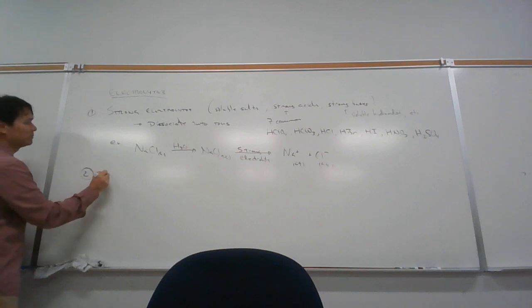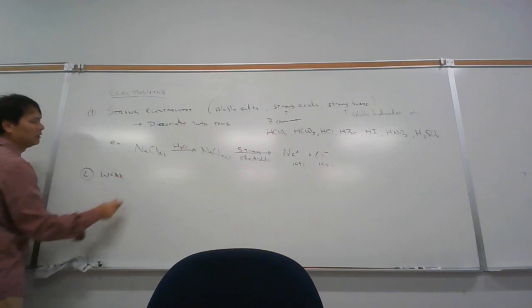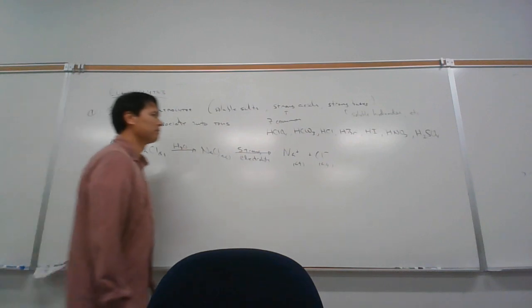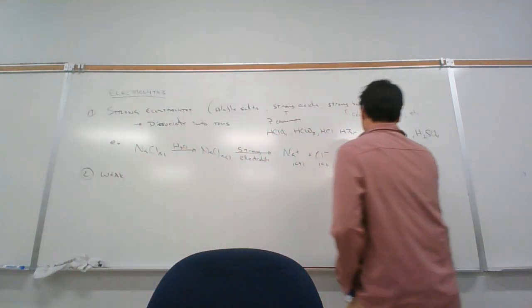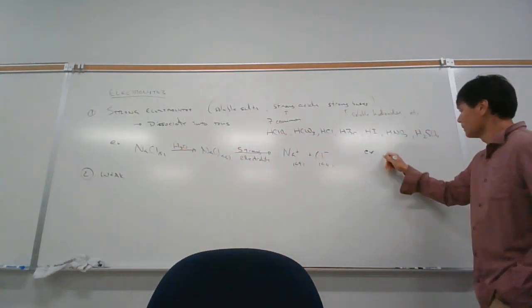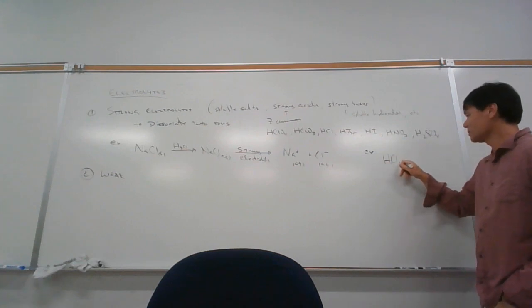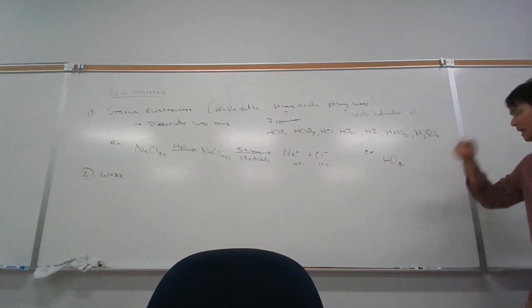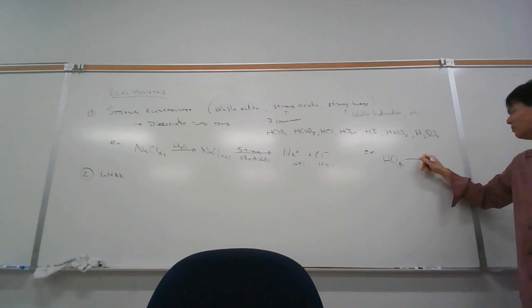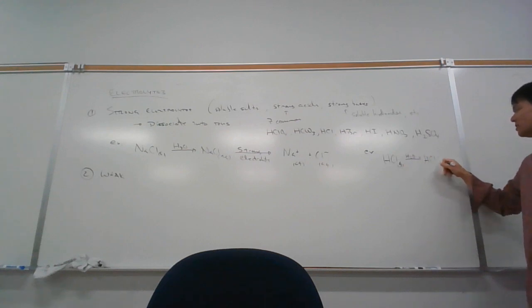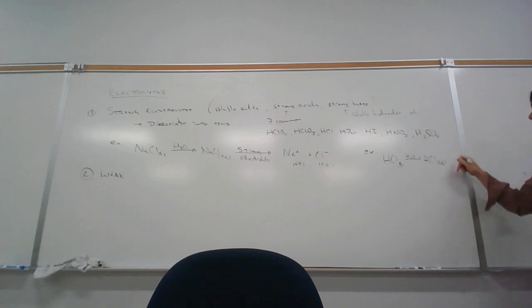Then we have something called the weak electrolytes. Actually, let me do one more example. Another example would be HCl. HCl is normally a gas, so we'll call that hydrogen chloride gas. But when we dissolve it in water, we'll call it hydrochloric acid, HCl aqueous. HCl aqueous is a strong electrolyte, and strong electrolytes dissociate into ions.